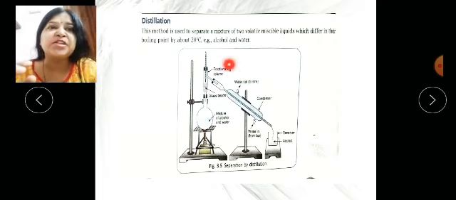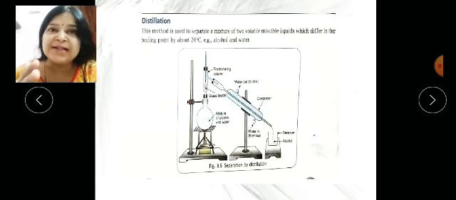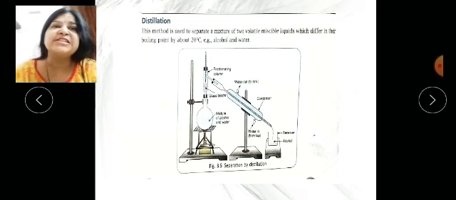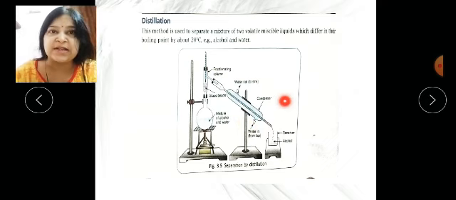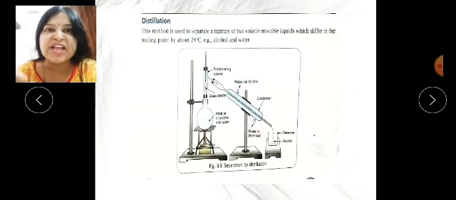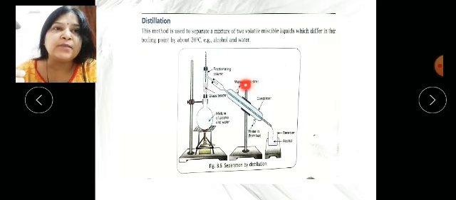When the temperature reaches 100 degrees Celsius, only then will water start changing its state from liquid to water vapor, which is then collected through this condenser, fitted with a water inlet or water jacket. We provide water throughout the condenser to keep it cool.